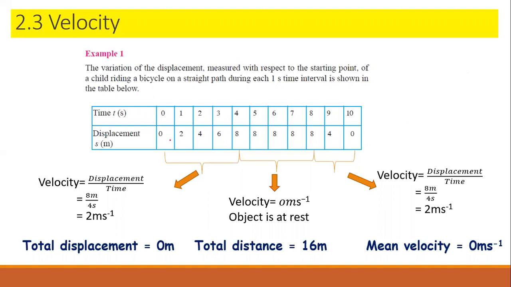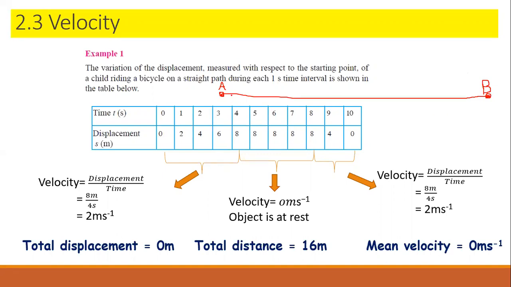Here we can see that at the beginning, it is the starting point. If we consider it as A, he has traveled towards B in a straight line.